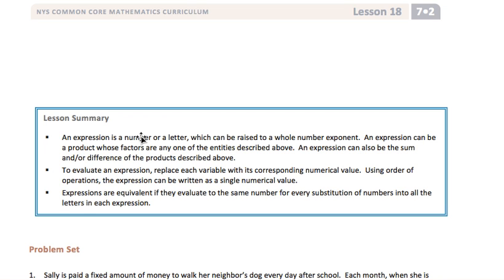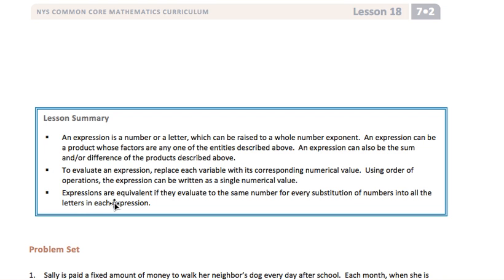Factors can be a number or a letter, and those numbers and or letters can be raised to an exponent. Okay, so that's what this means. An expression can be a product whose factors are any one of these things, number, letter, and even including exponents. An expression can also be the sum and or difference of the products described above.